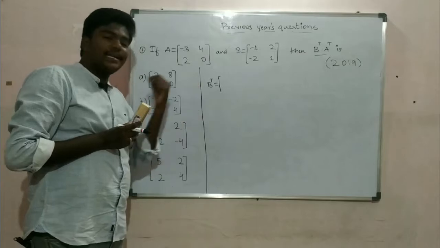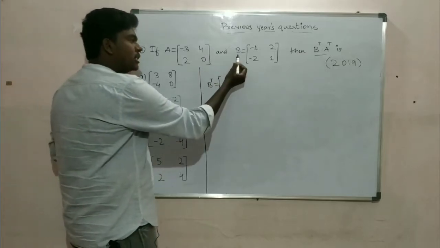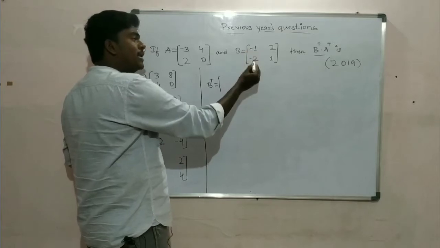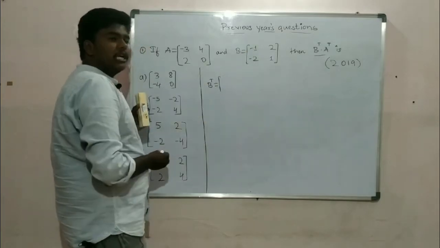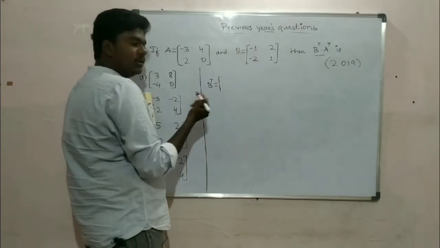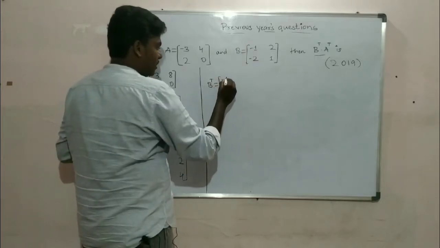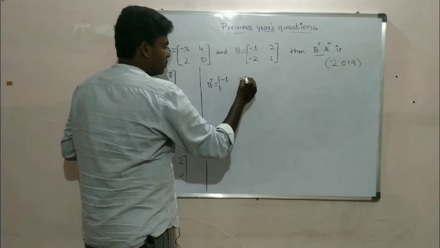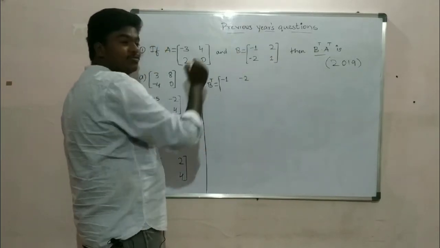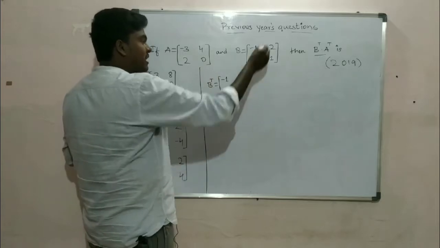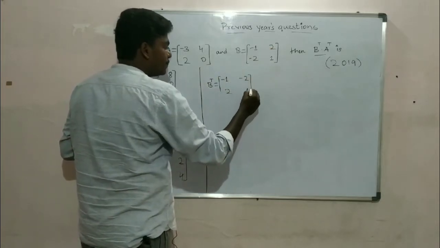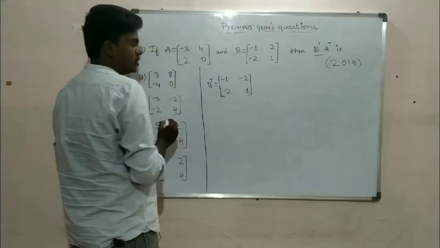We have minus 1 and minus 2 in this column, so this column will become a row. That is what transpose is. So minus 1, minus 2. Similarly, 2 and 1 is a column in this matrix, and in the transpose matrix this will become a row. That means 2, 1. So this is B transpose.